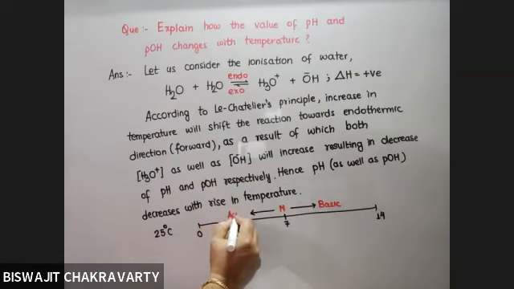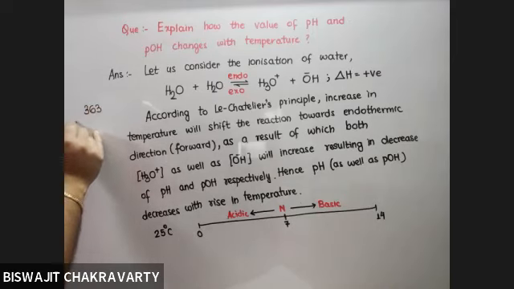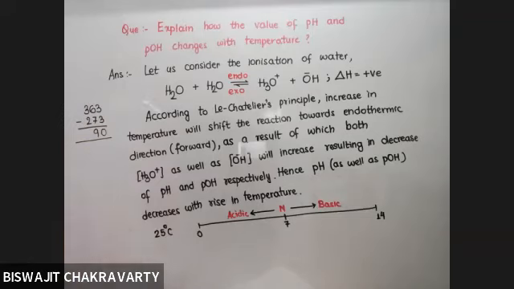It will hold at 25 degrees Celsius. But if I increase the temperature, a little while ago we had a question with 363 Kelvin, which is higher than 25 degrees Celsius. So at that particular temperature, 363 Kelvin converted to degrees Celsius, it will be 90 degrees Celsius.